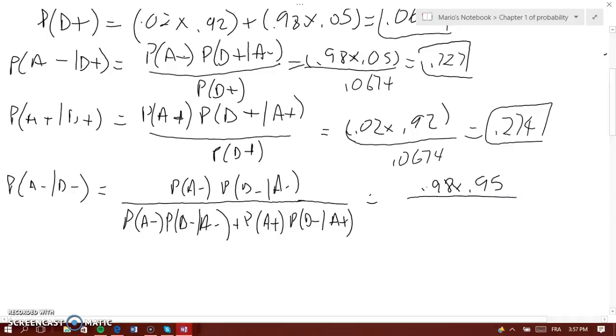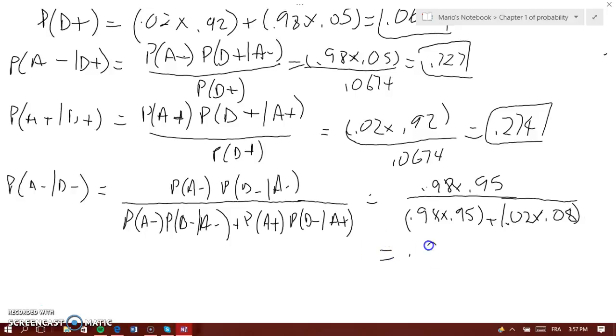Over 0.98 times 0.95 plus 0.02 times 0.08, and that would equal to 0.998.